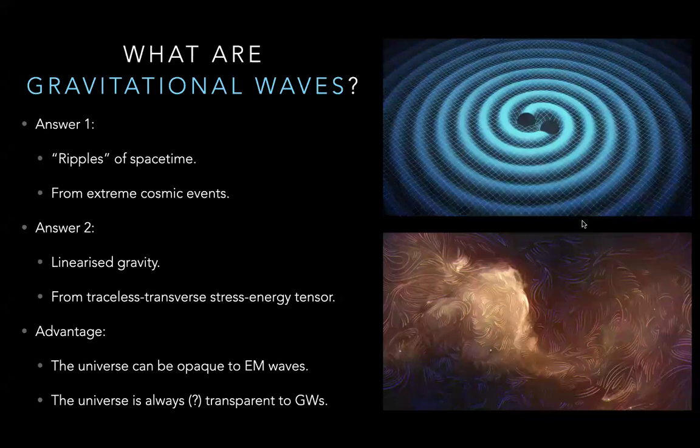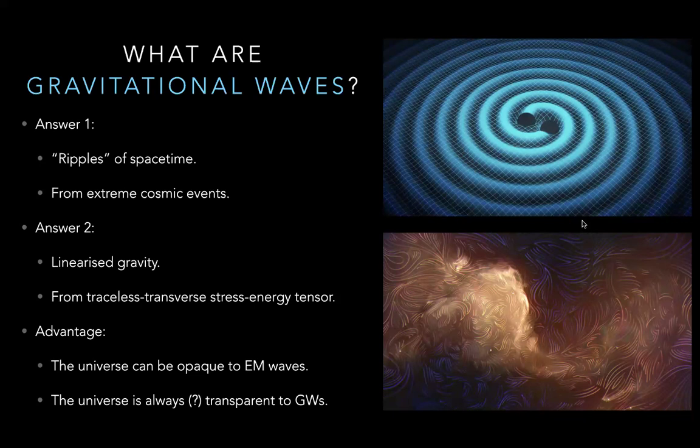Usually they are said to be space-time ripples, with the analogy of water waves or ripples in classical physics. They are produced by extreme events in the universe, such as when two black holes, neutron stars or compact objects either inspiral around each other or merge into one another.